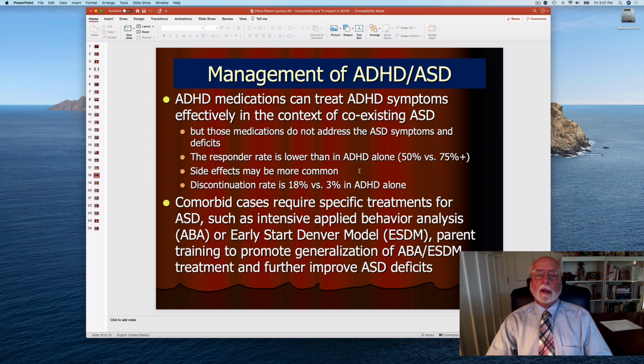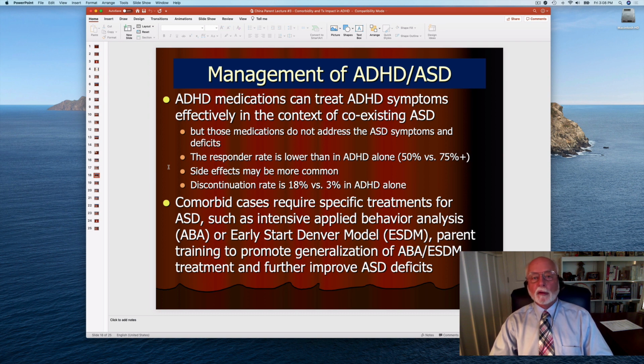Another thing we see is that there may be more side effects in the child with this coexisting pattern or comorbidity than we would have seen had ADHD been the only disorder. And there is an increase in the percentage of children who simply can't tolerate the ADHD medication at all. That risk increases from 3% to as high as 18% where these two disorders coexist with each other.